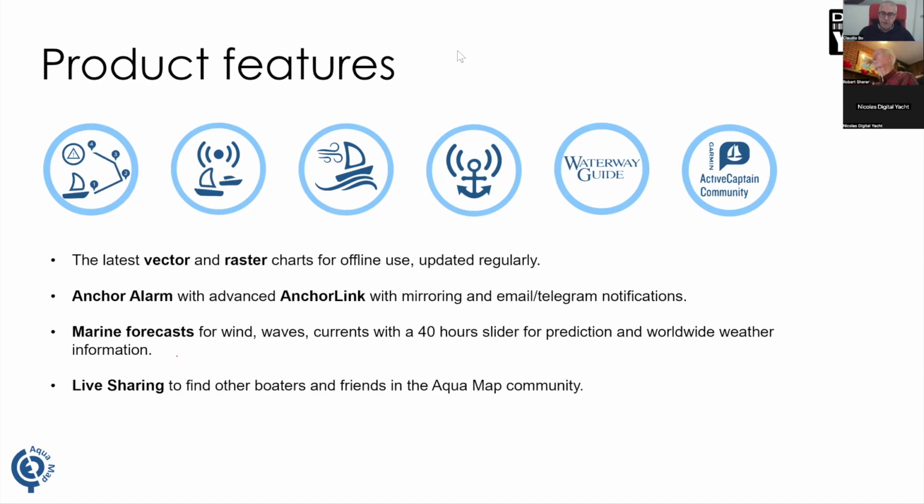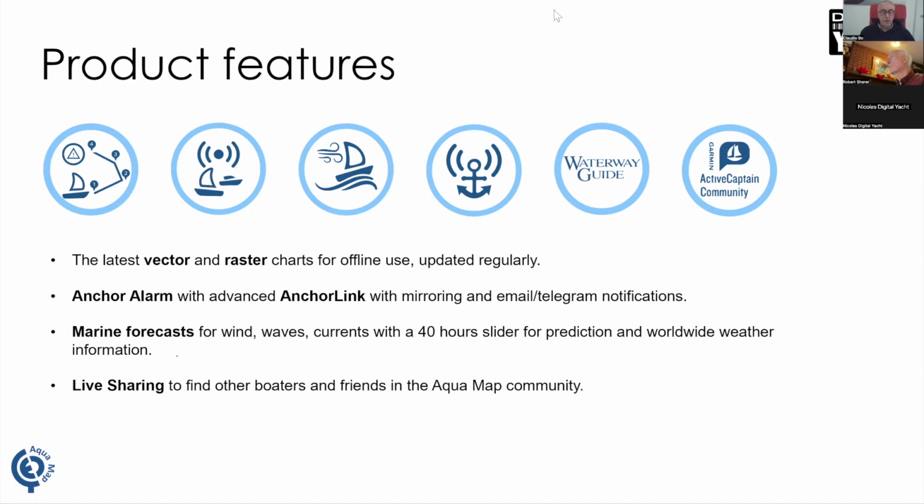For example, for the charts, we use only official charts that we regularly update. In the US, for example, and in France, in the UK, we update our charts weekly. And you can download them and use them on your device even when you are completely out of coverage, so completely offline.